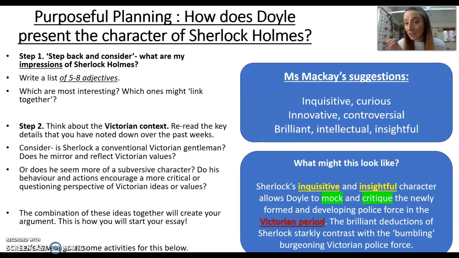So that's an essay I could write where I'm talking about how impressive Sherlock is and how insightful and amazing he is at fighting crime. And then I could focus my essay on the fact that Doyle created this very impressive detective character to deliberately make fun of the detectives that were for the first time investigating crimes in the late Victorian period.